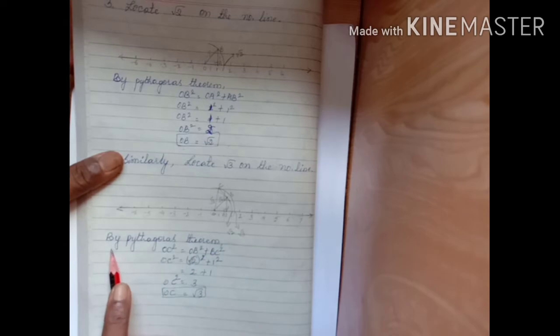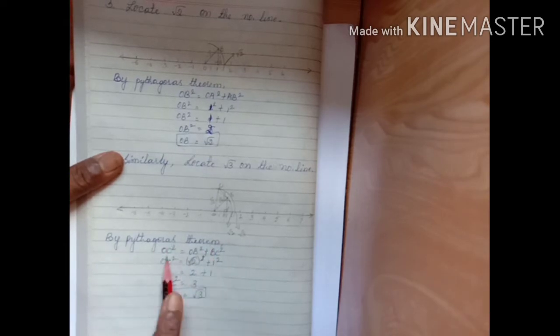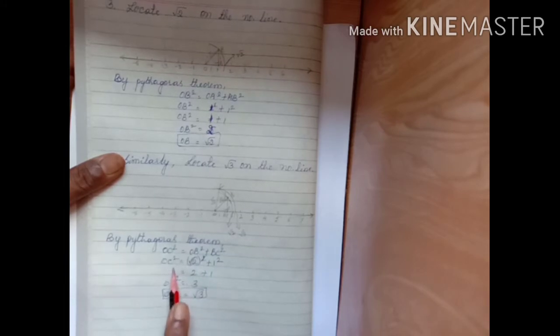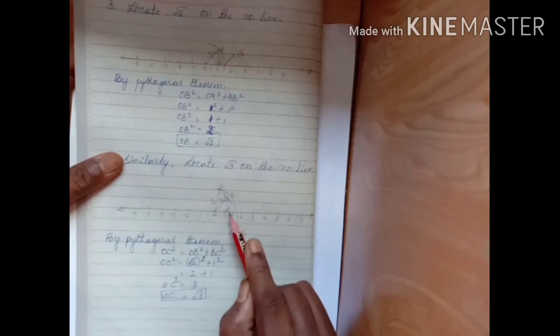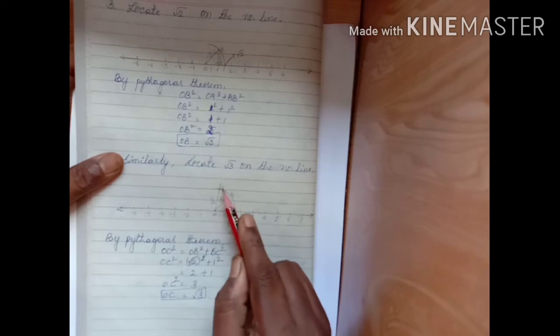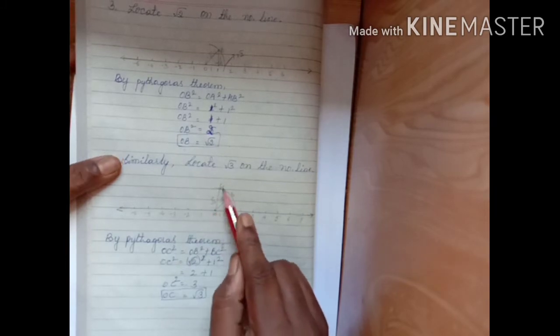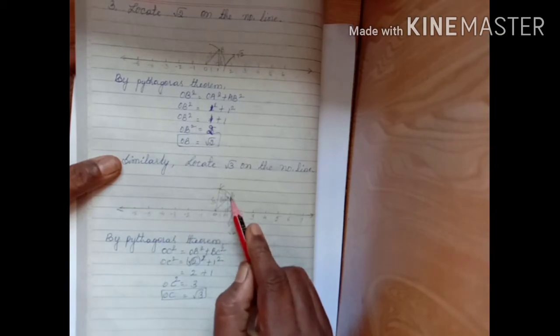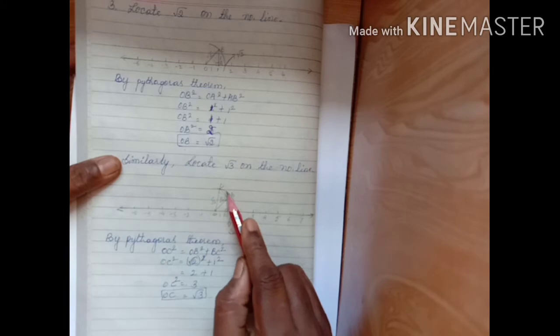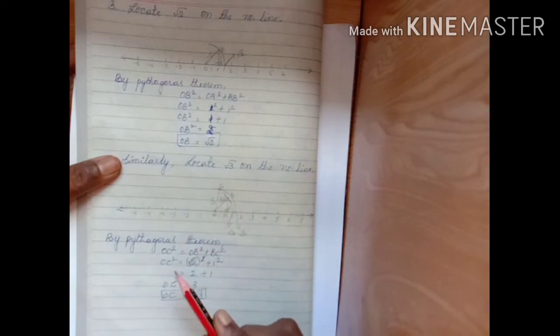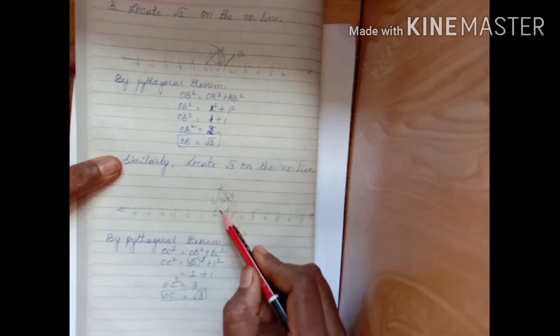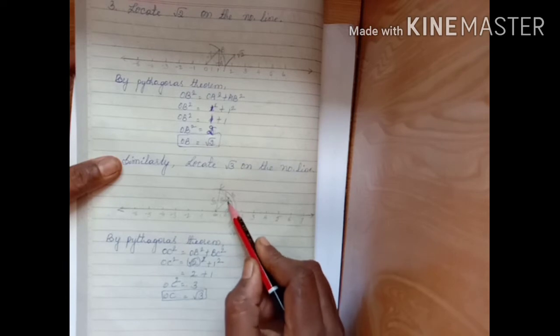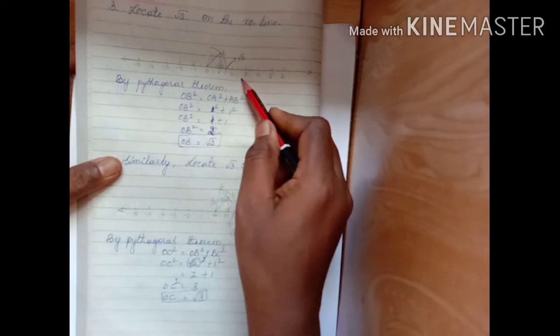By Pythagoras theorem, OC square is equal to OB square plus BC square. Here in the diagram you can see, this is OC. We have already done OB in the previous construction.